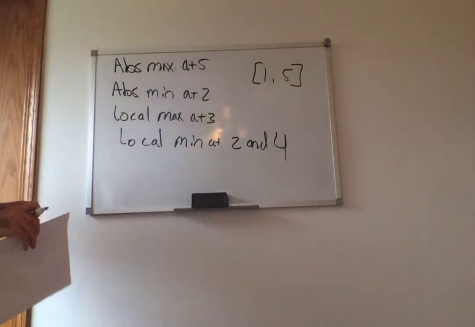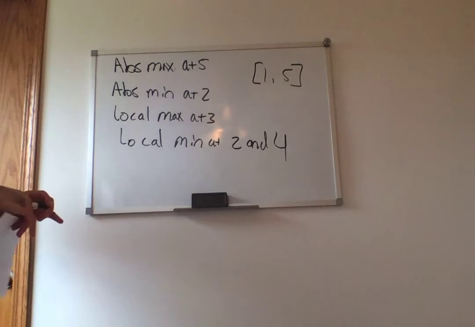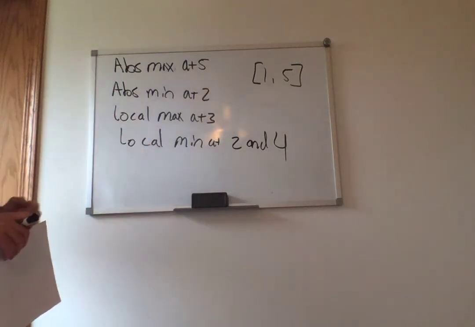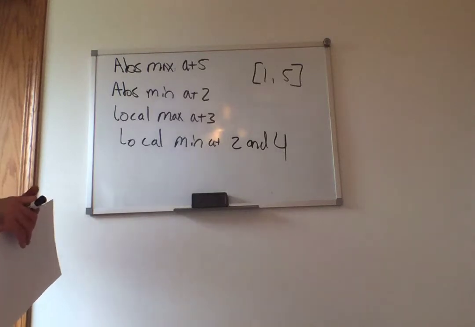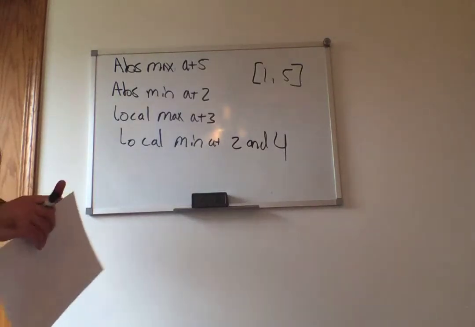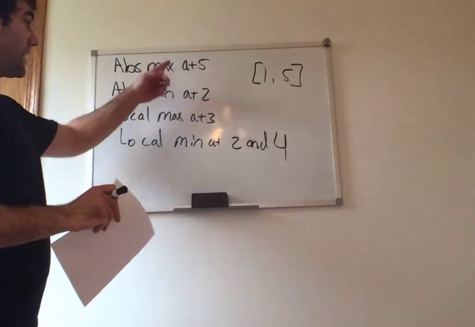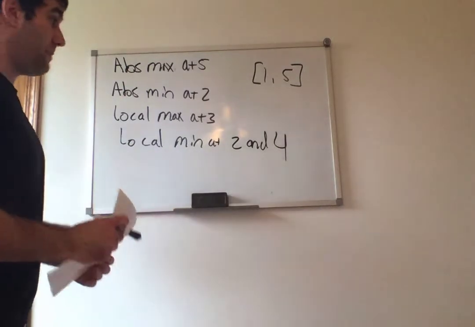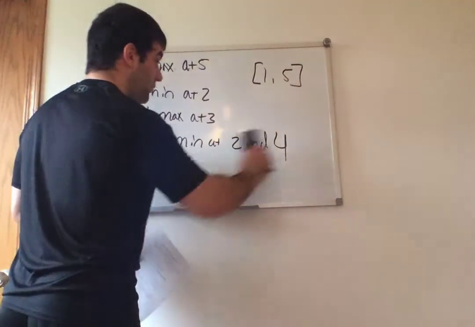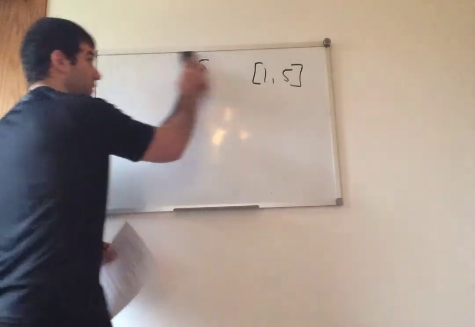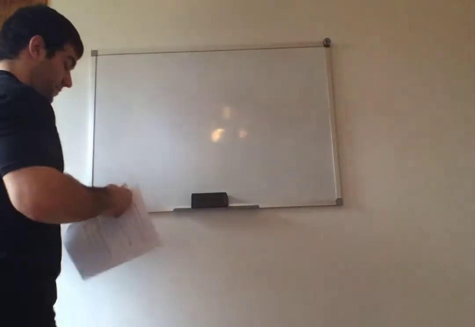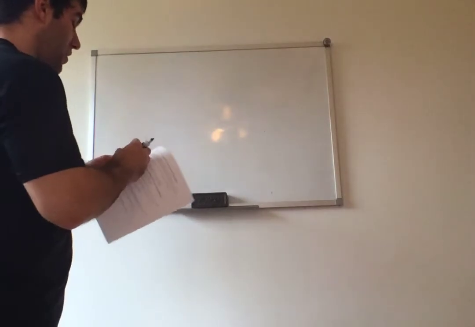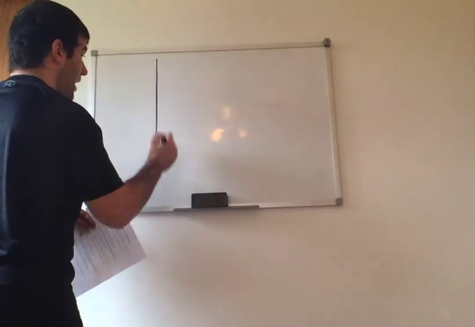Now all we have to do is draw a function that satisfies these 5 properties, okay? Now it doesn't have to be anything special, it doesn't have to be perfect. All you have to do is satisfy these 5 properties, and once you do that, you're done. So I'm going to go ahead and erase this. I'm going to draw just any old y-axis.